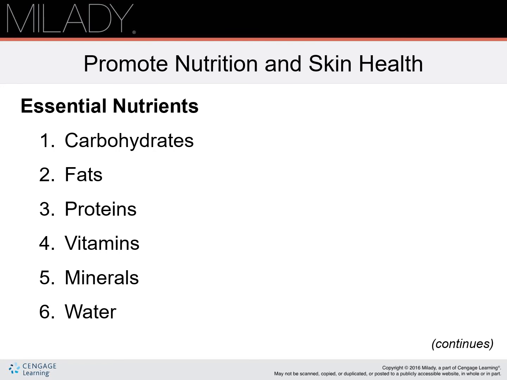And then water. Water makes up 50 to 70% of the body's weight, and it is necessary for virtually every function of the cell in the body. Again, 50 to 70% of the body's weight, and it is very essential to the body.